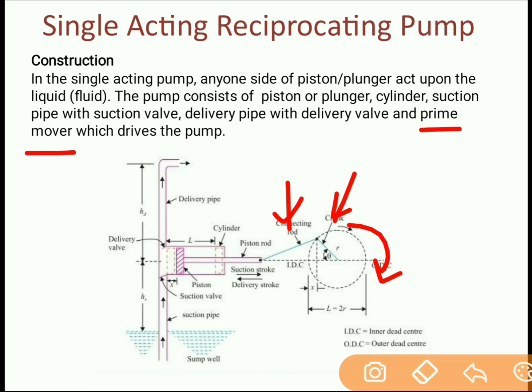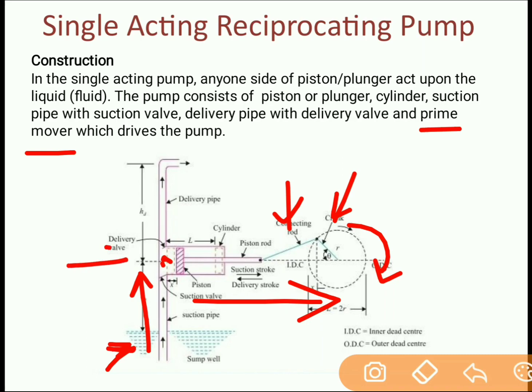Because of this motion, the piston will move in the suction direction, that is from left side to right side. When the piston moves from left to right, space is created on the left side of the piston, and because of this space the liquid from the sump will transfer towards the cylinder through the suction pipe.